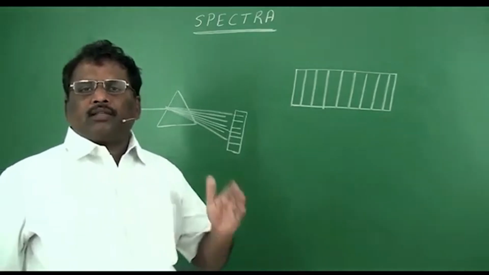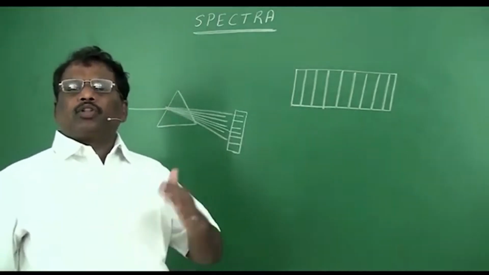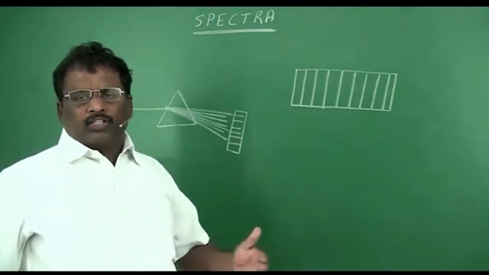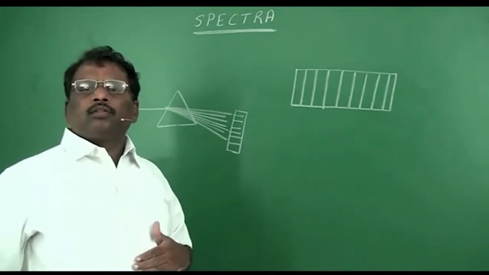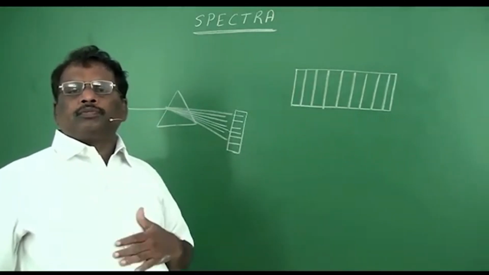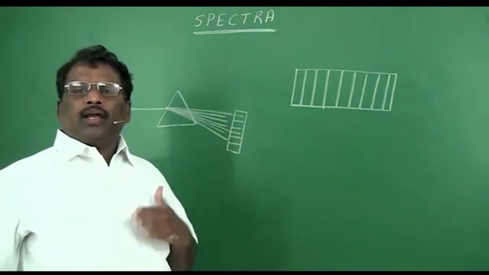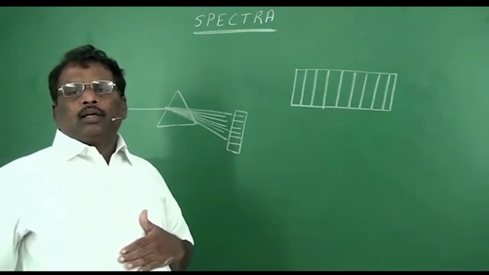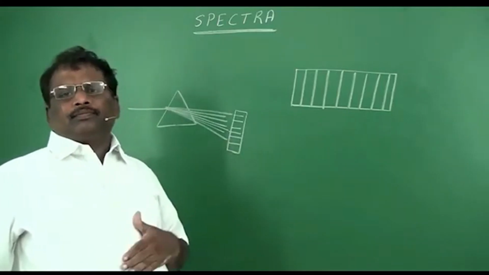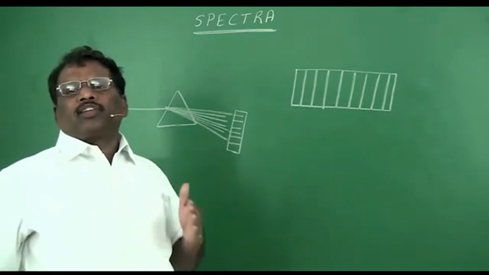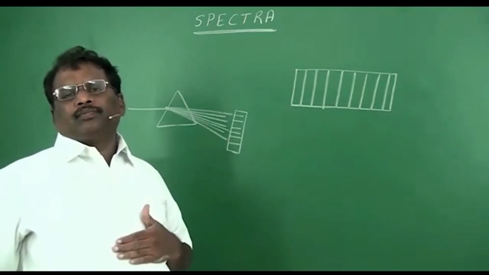Dispersion of light. We already discussed about the properties of light. Properties of light means the velocity of light, wavelength, frequency, amplitude, wave number, and so on. Now here, that light which is emitting from the sun is appearing in white color, but actually it is not white.